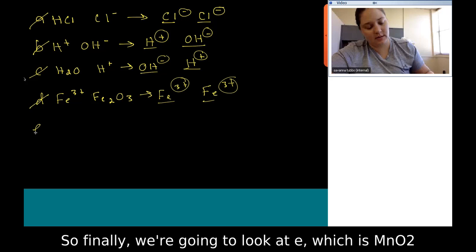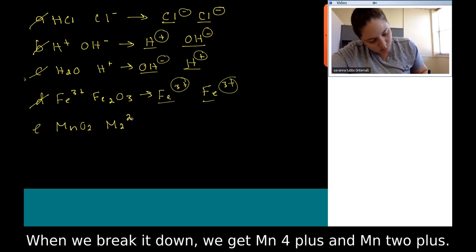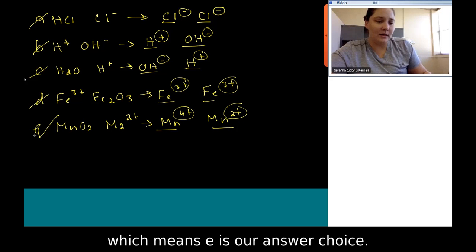So finally, we're going to look at E, which is MnO2 and Mn2 plus. When we break it down, we get Mn4 plus and Mn2 plus. Elements are the same, charges are different, which means E is our answer choice.